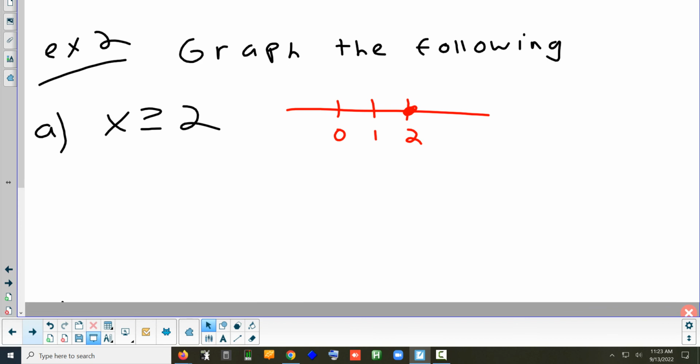So you either could do this and shade right, or this and shade right. Oh, that's great. They're both correct.